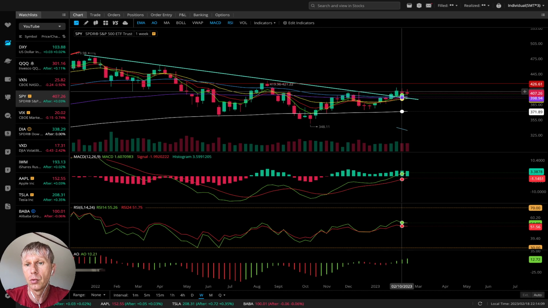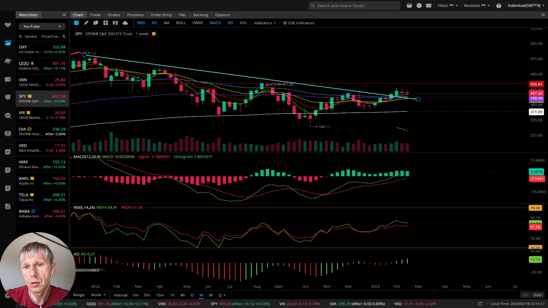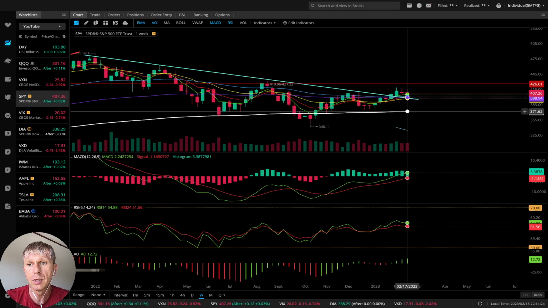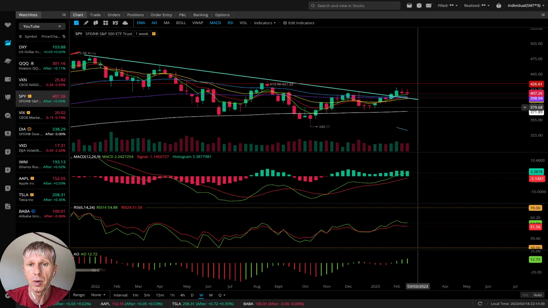Even though two weeks in a row we had red bars, I believe it should retest this trend line, maybe revisit the MA200. It will make a triple bottom, retesting the MA200 and bouncing from it.